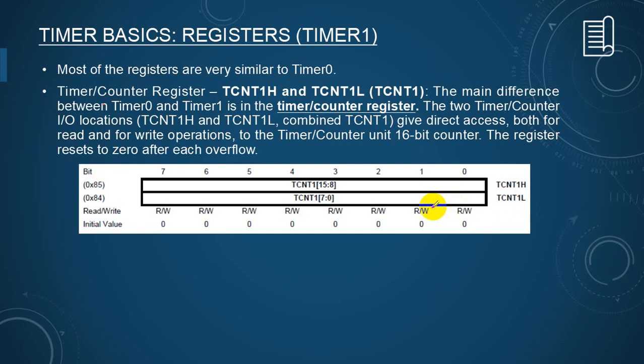So it needs two 8-bit registers, 16 bits in total, to hold each count, high and low value. So this is timer counter register 1.